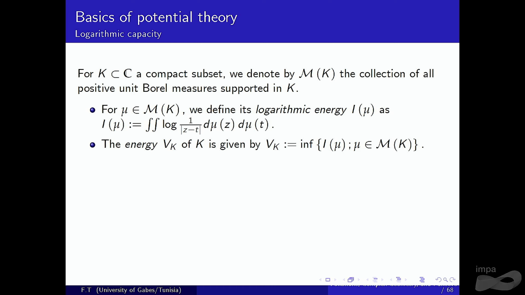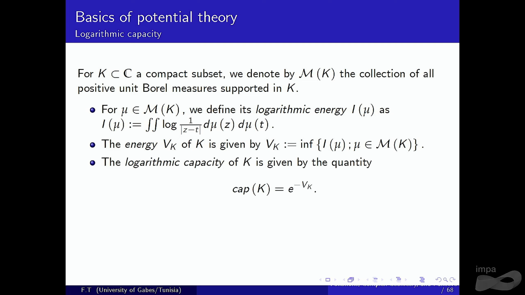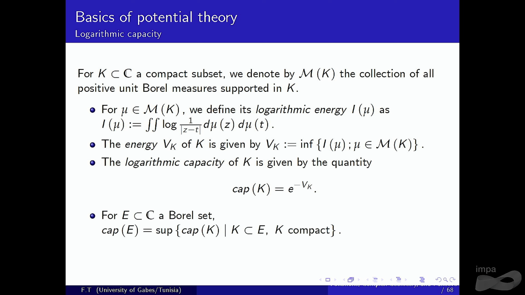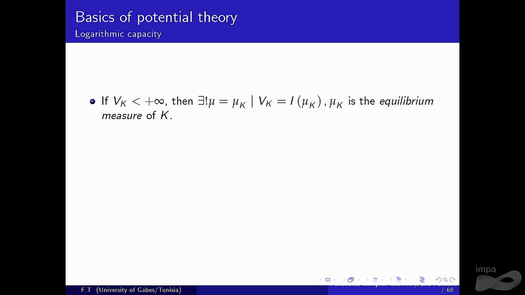Taking the infimum, we get what we call the energy V_K of our compact K. Then we define the logarithmic capacity, or just capacity, by the exponential of minus V_K. And for a Borel subset E, we define its capacity as the supremum of the capacities of all compacts included in E. Here are some formulas.